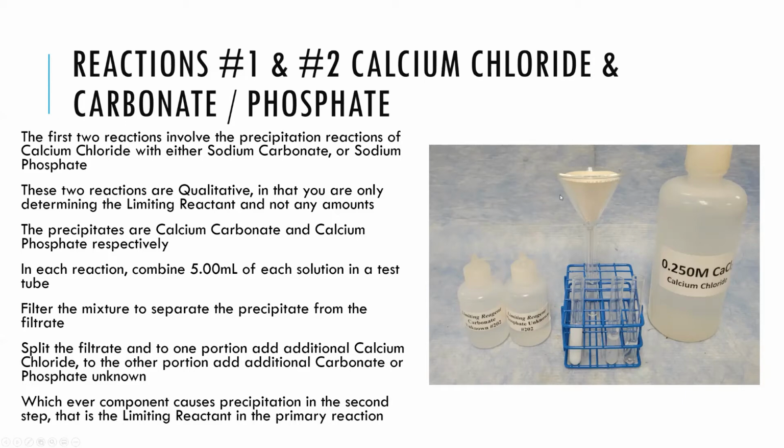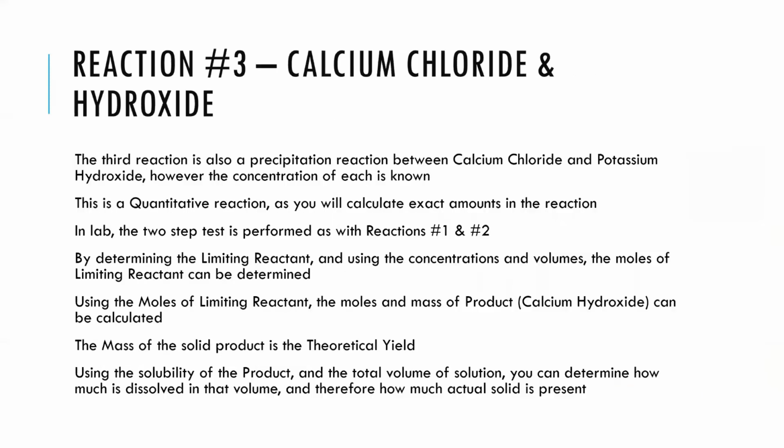Whichever compound causes more precipitate in that second step, that is the limiting reactant in the first step. So for both reactions 1 and 2, you're doing just that, determining what is the limiting reactant.